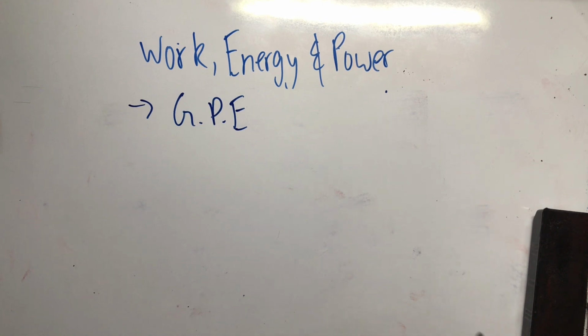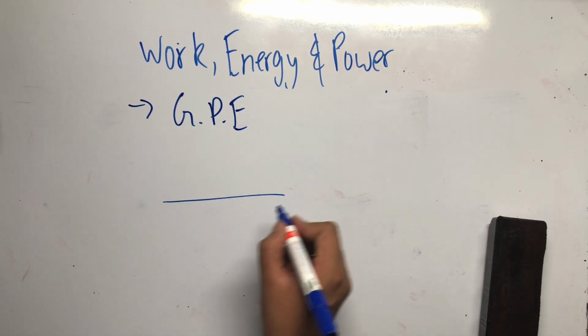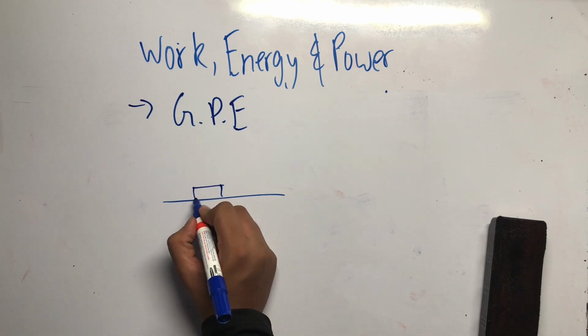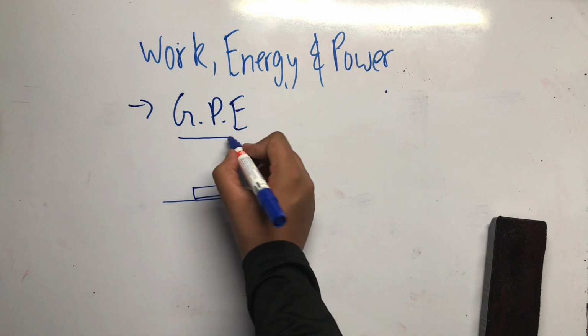So now let's talk about gravitational potential energy. So gravitational potential energy is also a type of work which a force does against the gravity. So let's say, for example, that I have a duster here. So let me just draw the duster. So let's say that this is the ground and this is the duster, and here is one shelf.